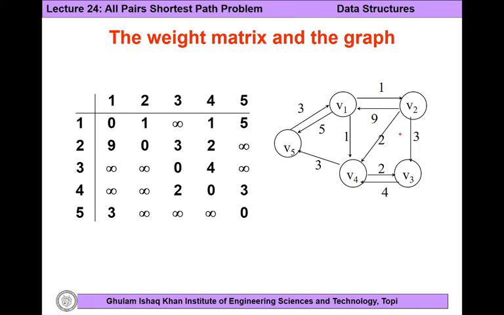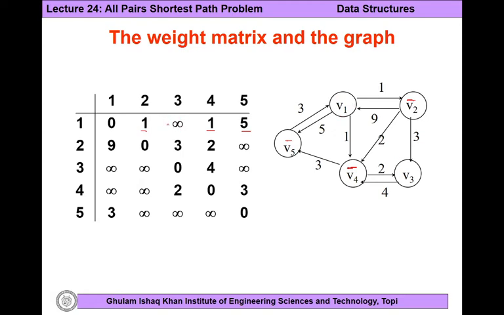Vertex number 1 is connected with vertex number 2, with vertex number 4, and also with vertex number 5, and vertex number 1 is not connected with vertex number 3.